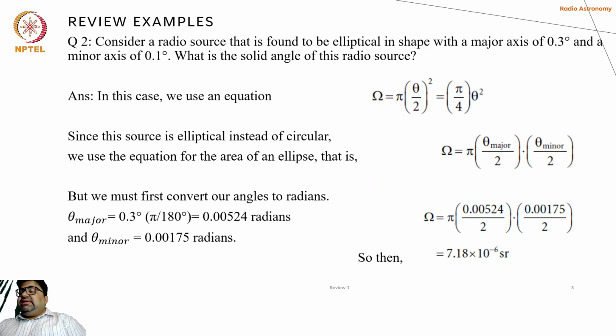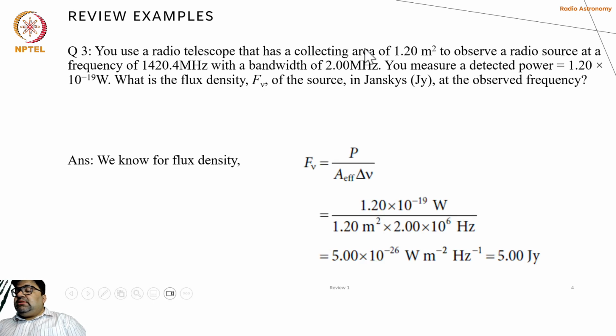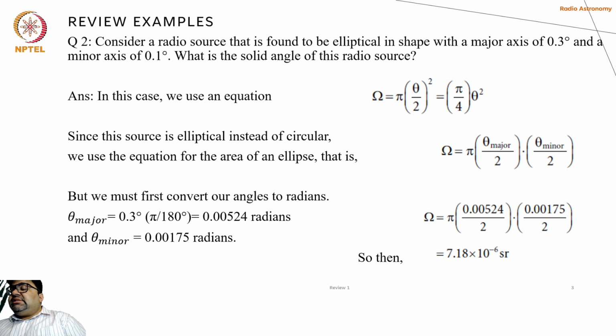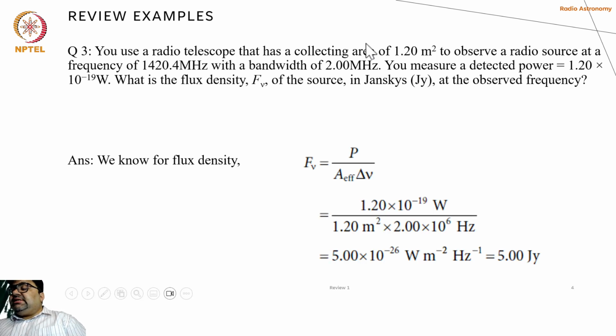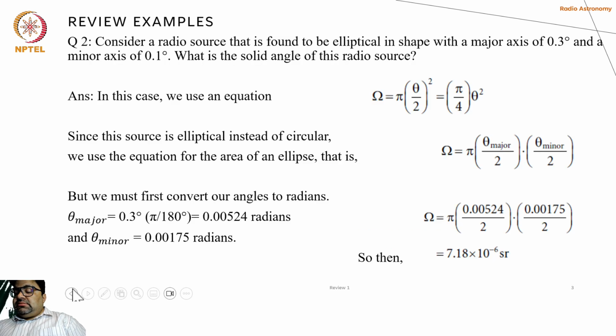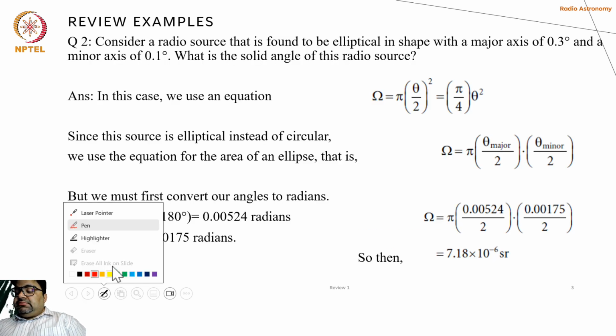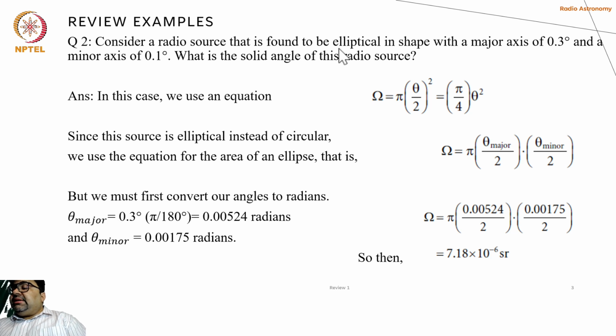Consider a radio source that is found to be elliptical. Apologies, just go back to the previous slide. Yeah, consider a radio source that is found to be elliptical in nature, in shape, with a major axis of 0.3 degree and minor axis of 0.1 degree.